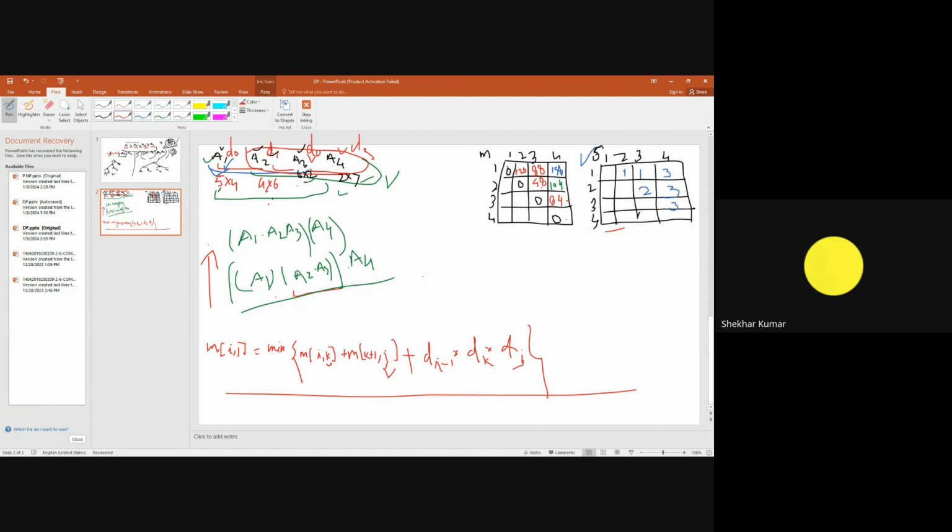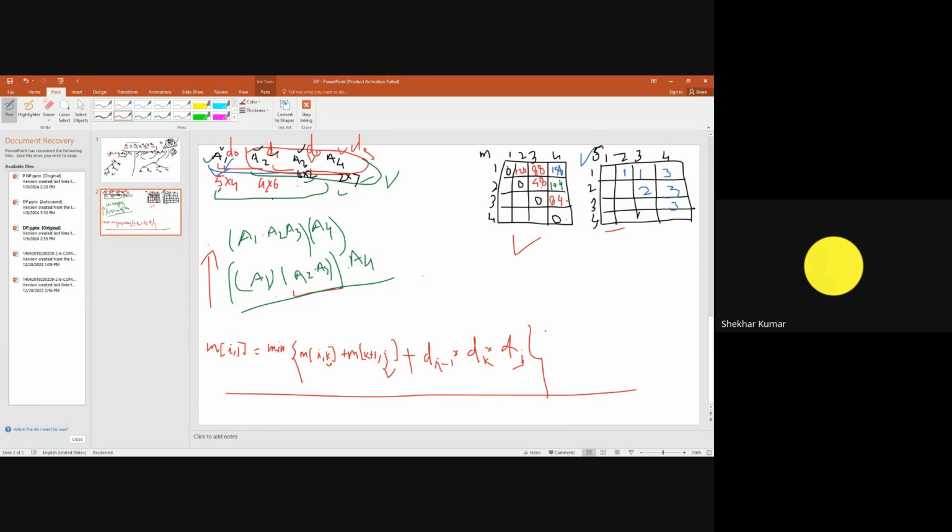And every time the result is stored in the table, so that next time we can use the previous result that is already stored in the table. So this is the characteristic of dynamic programming, because we use memoization. Dynamic algorithms use memoization, as we discussed first.